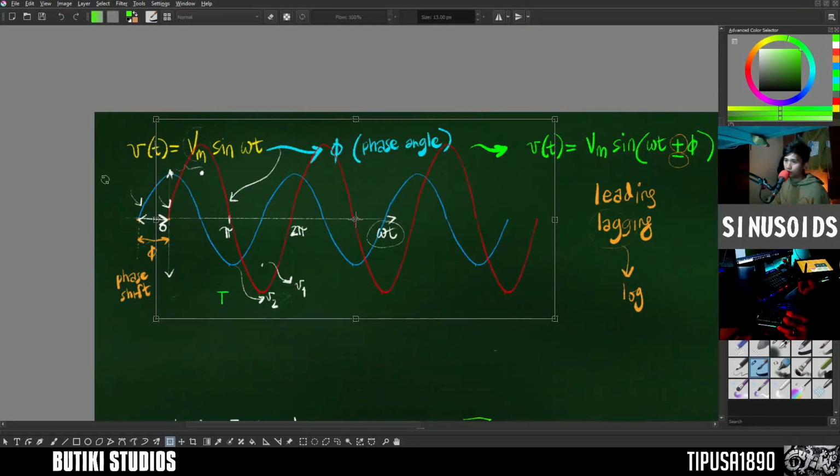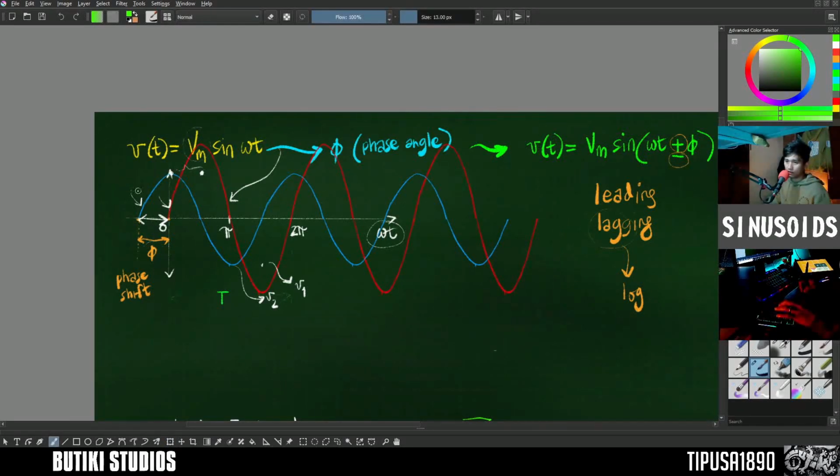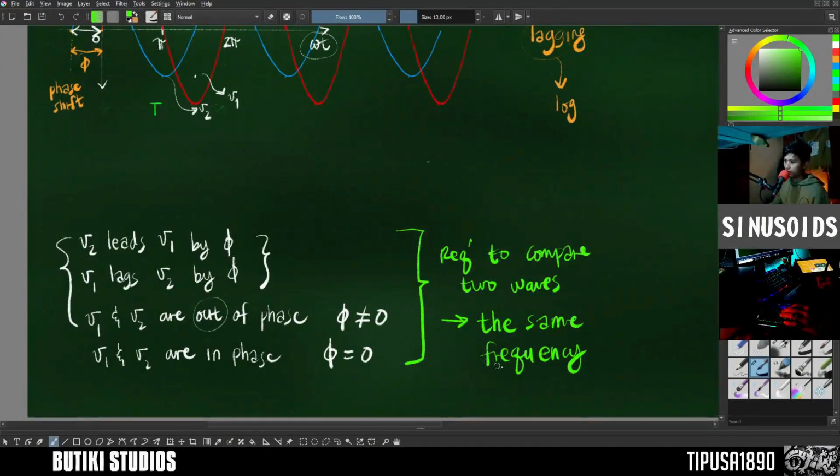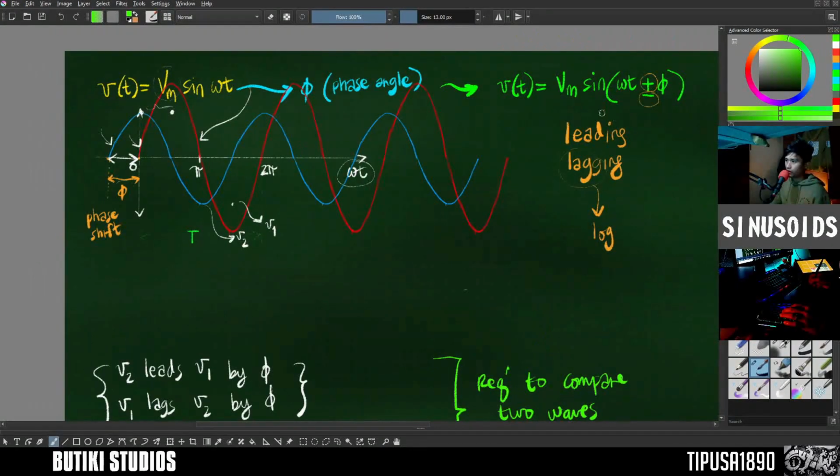Blue leads because it is the first to get hit, right? The red comes later. So looking at this, we start from left to right and see which one is hit first. So this is how it is. The frequency must be the same to compare whether one lags or leads.